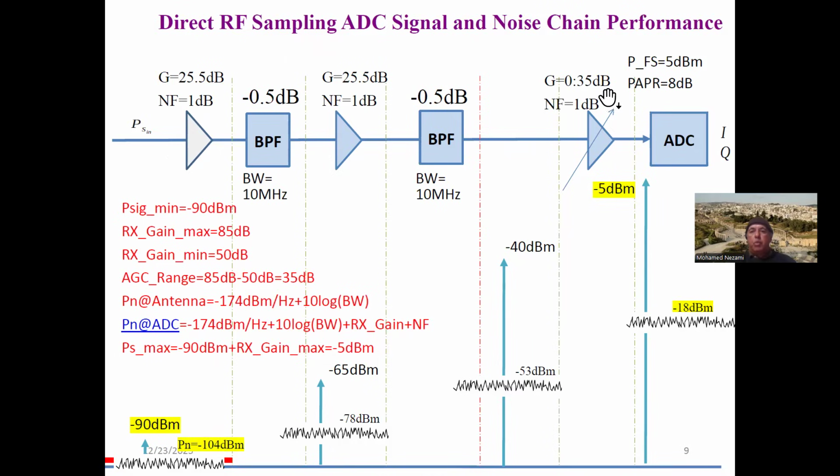The minimum gain is when this is set to 0. In real life, we might have even an amplifier that can actually attenuate, so we can get the gain down, say, from minus 20 dB to plus whatever dBs. The minimum gain would be just these two stages minus these losses, and that would be 50 dB.